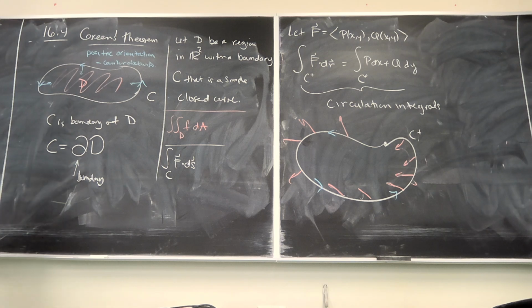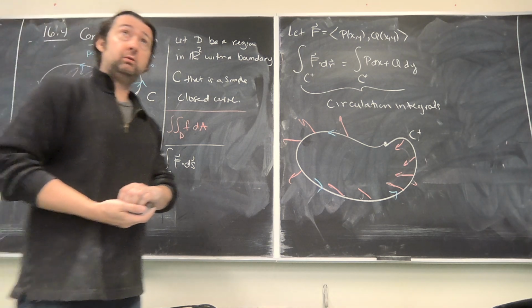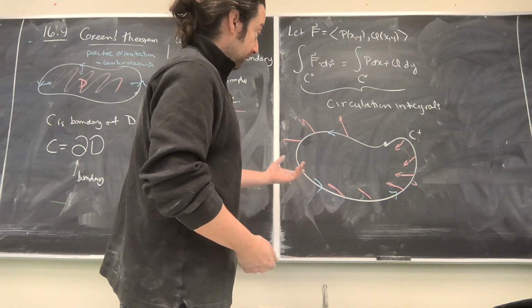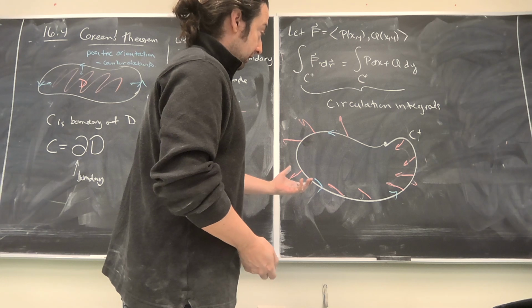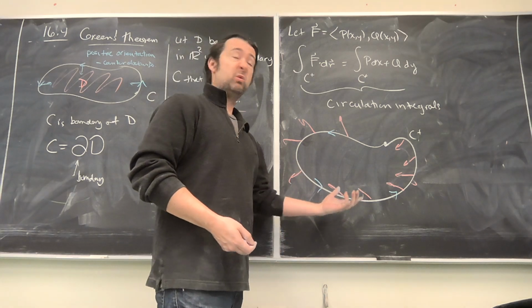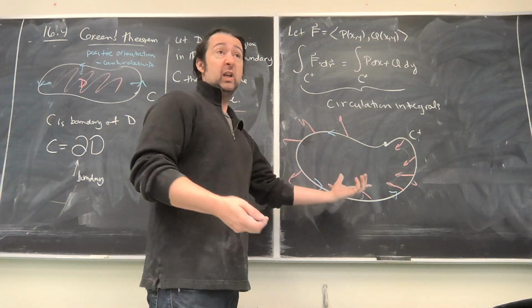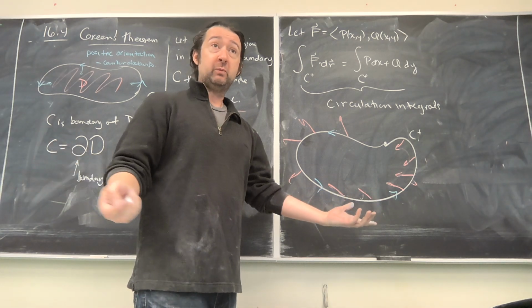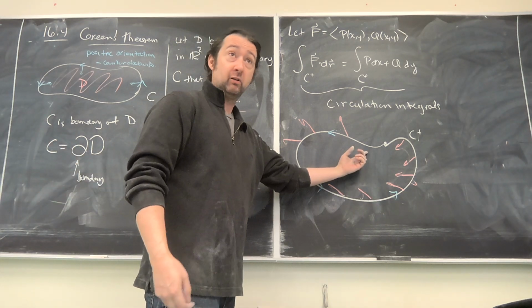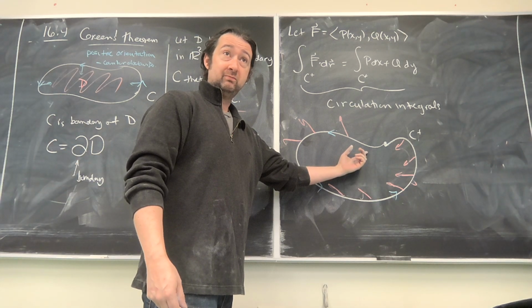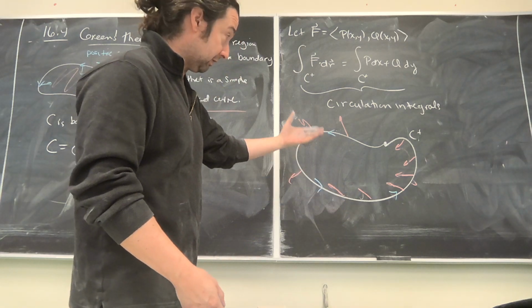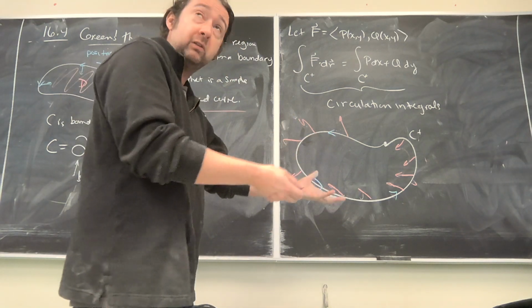But lots of vector fields aren't conservative. An interesting one would be, because of the way that air works, when things cut through it, the circulation integral around a wing is not zero. Wings produce lift because that loop is not zero. There are a lot of vector fields that are not conservative.